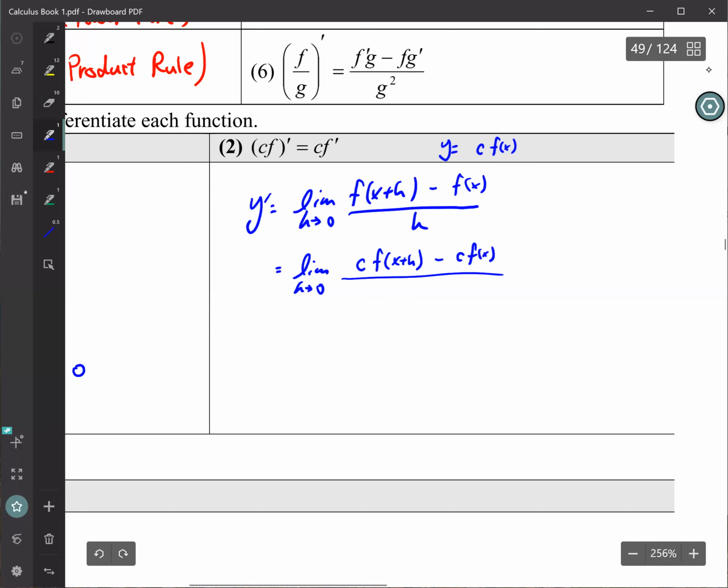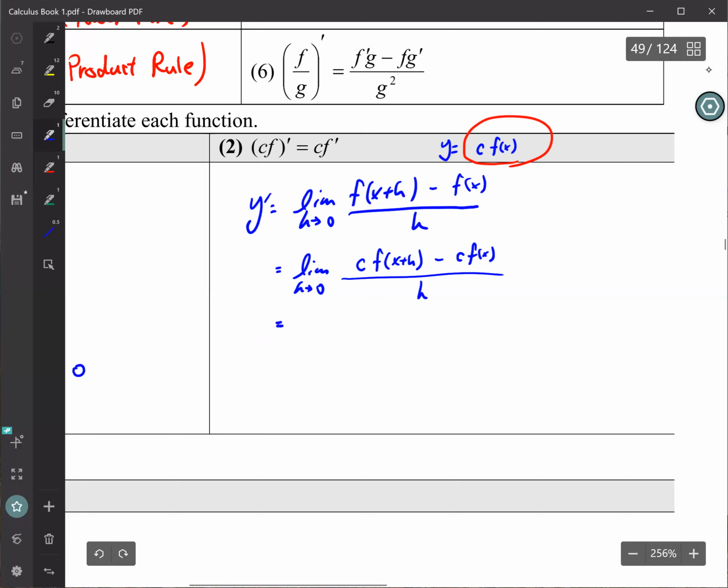The first part is you subbing in x plus h. The second part means you don't sub in anything. You just keep the original function, right? The original function that we want to prime, remember, is this one. And then over h.